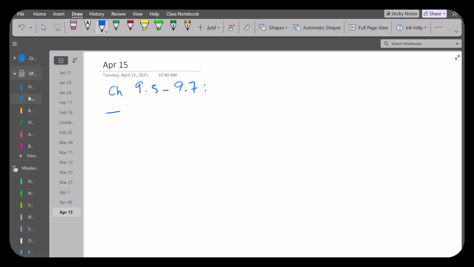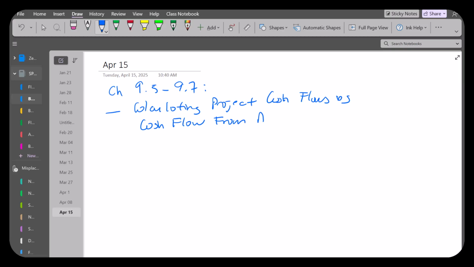Three issues we're going to talk about: calculating project cash flows as cash flow from assets. We're going to talk about things like sensitivity and scenario analyses.